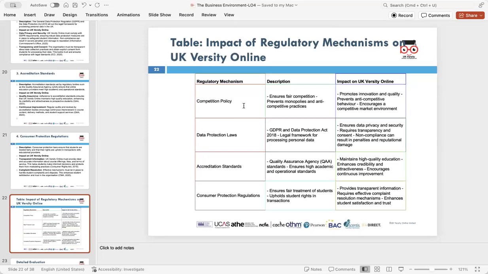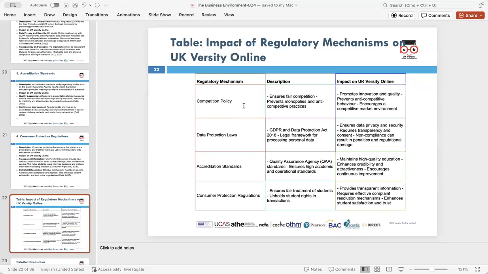Data privacy and security: compliance with GDPR ensures that UK Varsity Online protects student data, which is critical in building and maintaining trust with its users. This involves implementing robust cybersecurity measures and data management practices. Protecting personal data not only ensures legal compliance but also enhances the institution's reputation for reliability and trustworthiness.